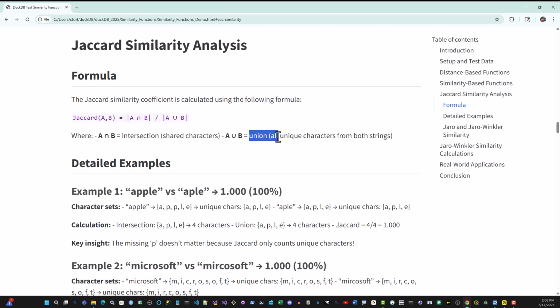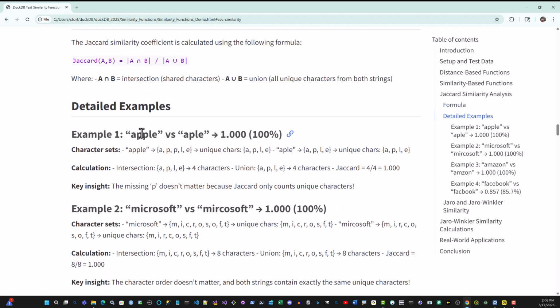And the union is all the unique characters in both words. So let's look at Apple, with two P's and Apple with one P. Because the two P's repeat, they're not unique. So the unique characters in both words are A, P, L, E, so that's the intersection.